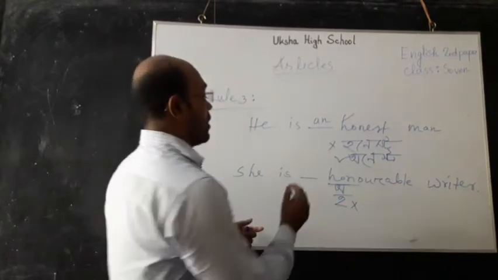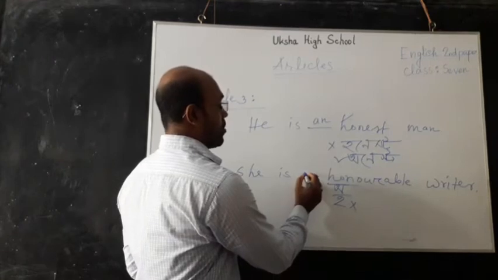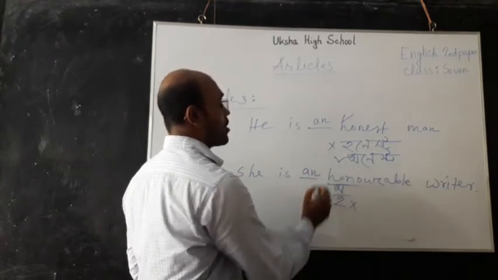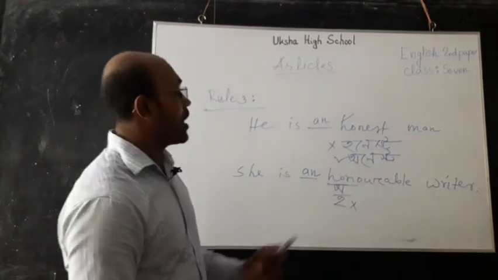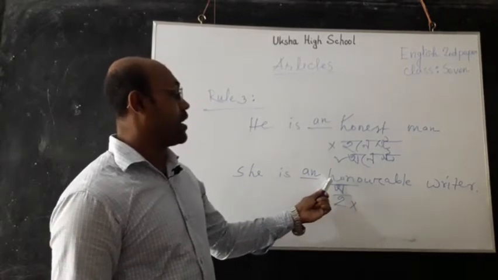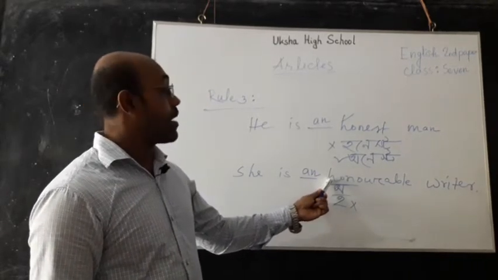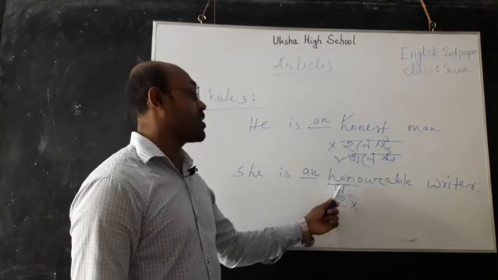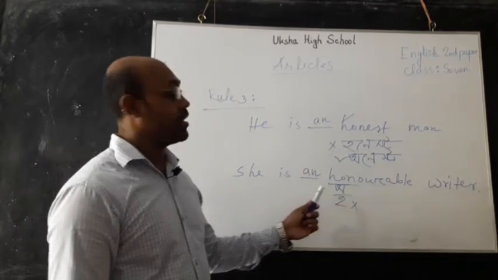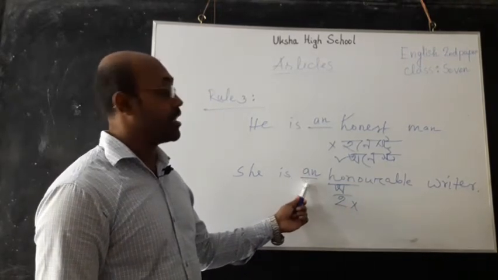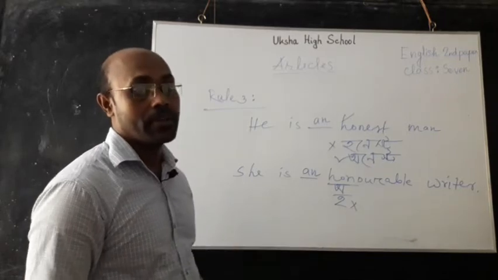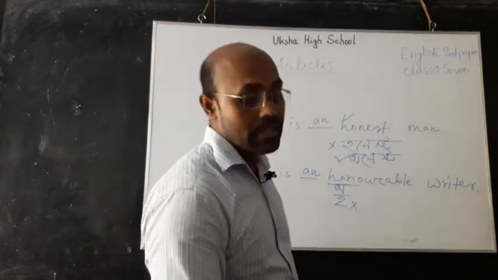For this, we will use an instead of a. You know that H is a consonant, but when we pronounce 'onorable', then you have to write an instead of a.